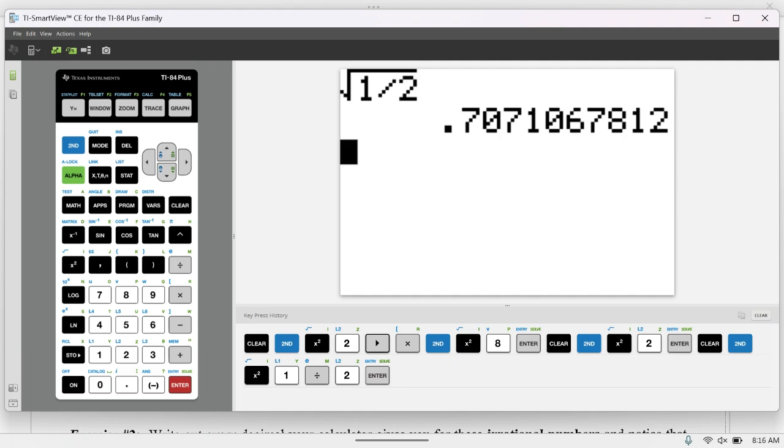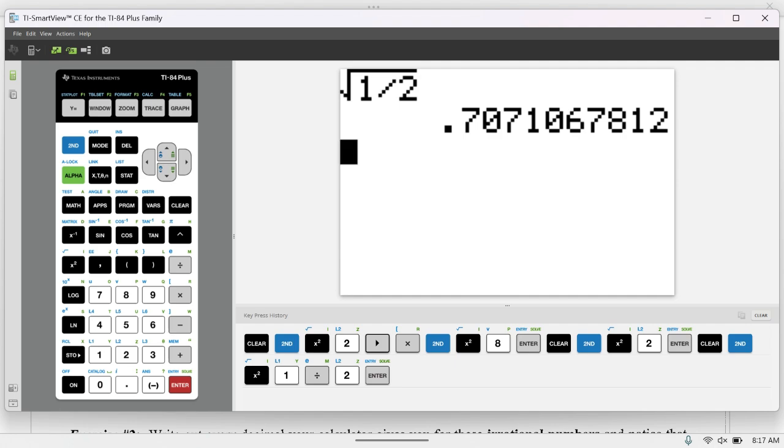The entire number that you see on that screen, write it out for letter C. 0.7071067812.